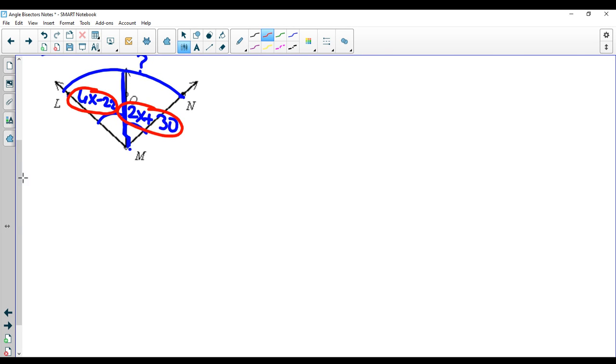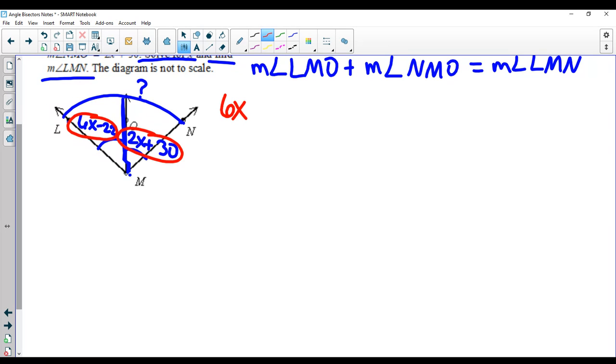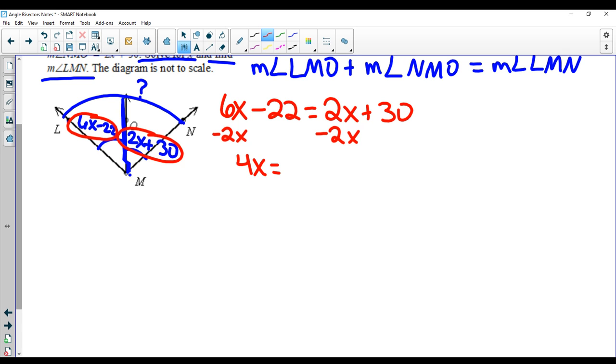So I'm going to set 6x subtract 22 equal to 2x add 30. Okay, move the small x over. 4x subtract 22 equals 30.